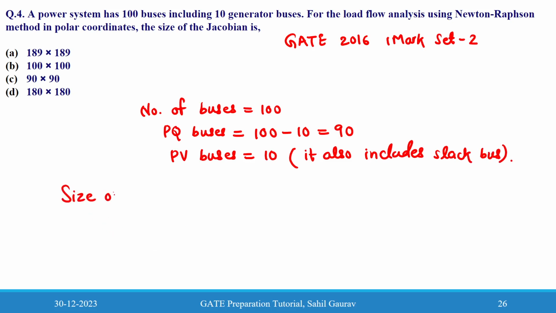Size of Jacobian matrix is equal to 2 into PQ plus PV.